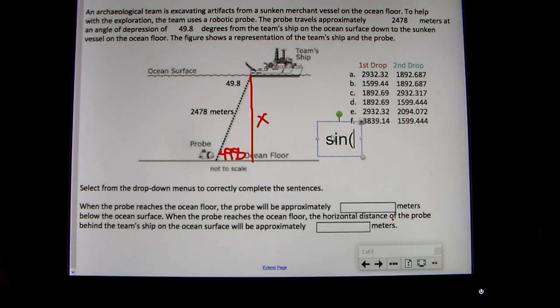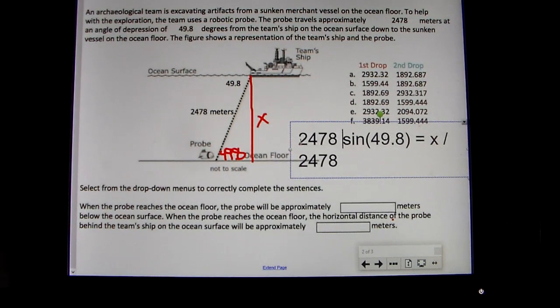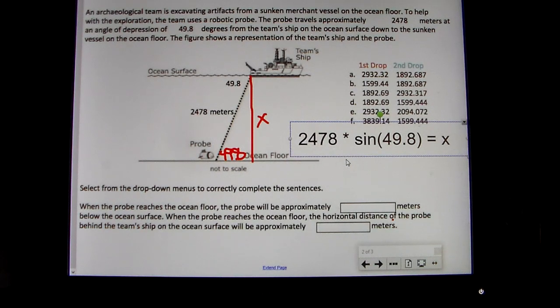This will be sine of 49.8 is equal to x divided by 2478. To get x by itself, you multiply 2478 to both sides. So I'm going to write 2478 times, and that will get us our x all by itself.